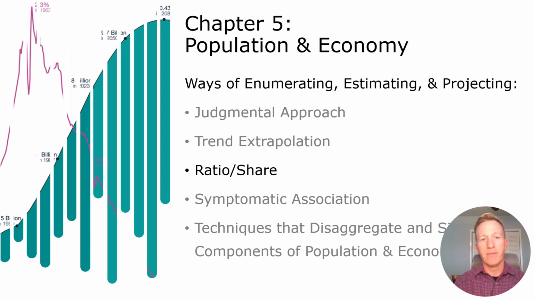So if foreign born population was 10% of the entire population for the last 50 years, then you might assume that that's going to continue to move forward into the future. And so if you're using the state's projection for your local jurisdiction, let's say the state's projecting that in 5 years from now, your population is going to grow to 50,000. Then you would say that the foreign-born population is going to be 10% of the 50,000.